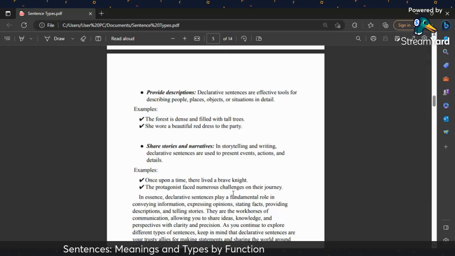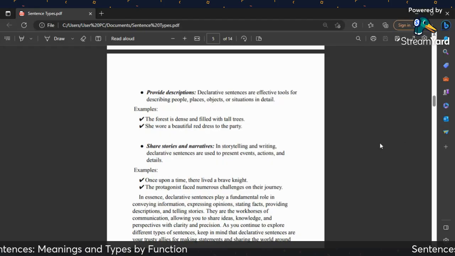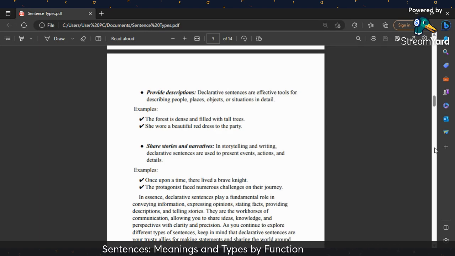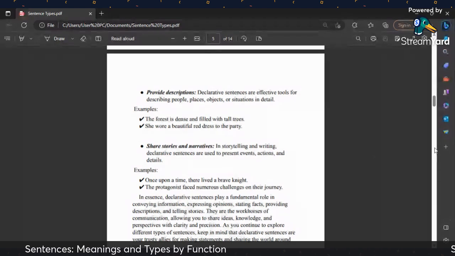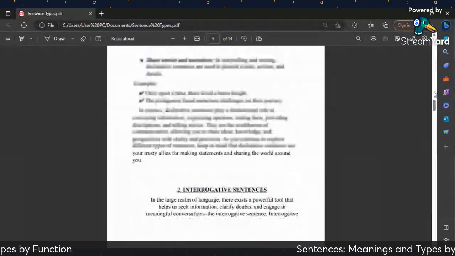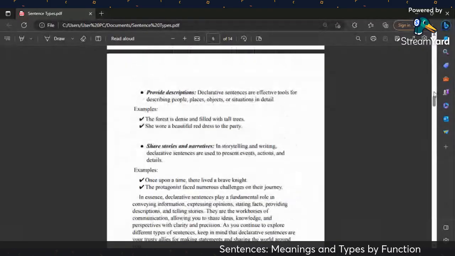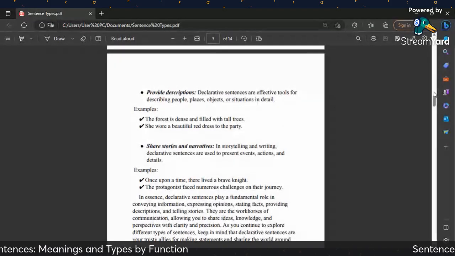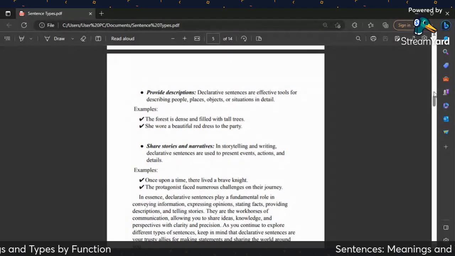we use declarative sentences to share stories and narratives. In storytelling, as I said earlier, declarative sentences will help you to present your events, actions, and details in the story. Once upon a time, there lived a brave knight.